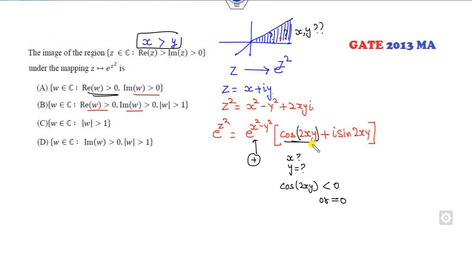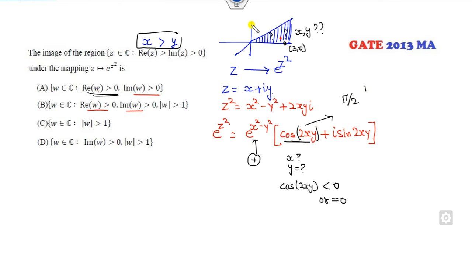Can you choose x and y? If I choose any point here, like say 3, 0, so 3 is greater than y, satisfied. Cos of 0 is 1. So in the first quadrant, this value will be 0 only when it is pi by 2. Fine. But where is pi by 2?